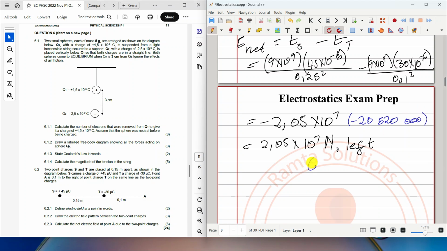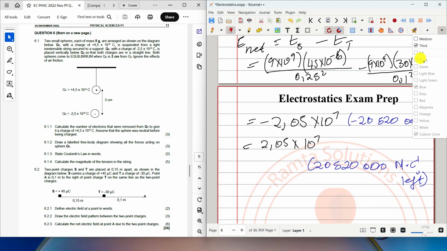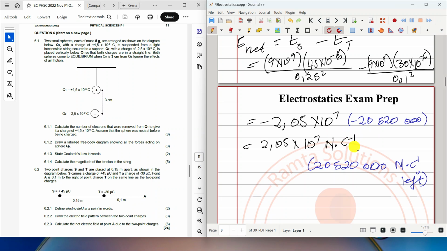So then your answer is, oops, my units are wrong. We are not calculating the force. Okay, let me fix this. The units are newton per coulomb. Where? To the left.